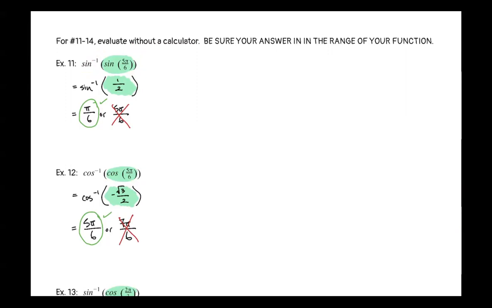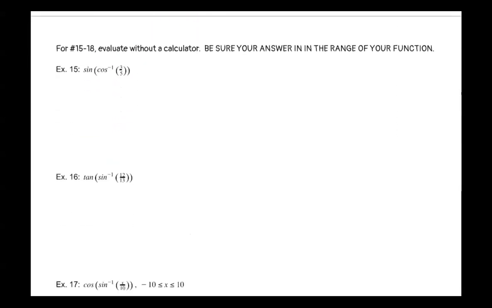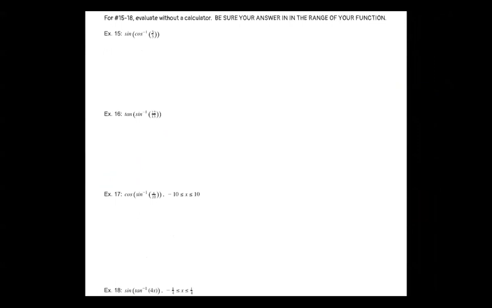All right, so let's take a look at 4 more examples. Again, different in flavor, but let's talk about how they're different. So let's take a look at 15 through 18.